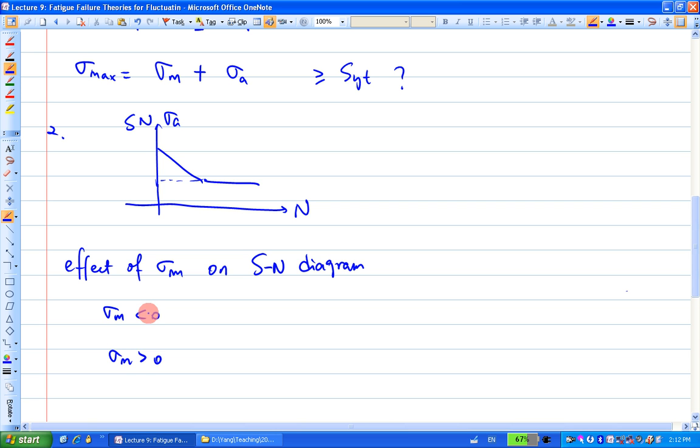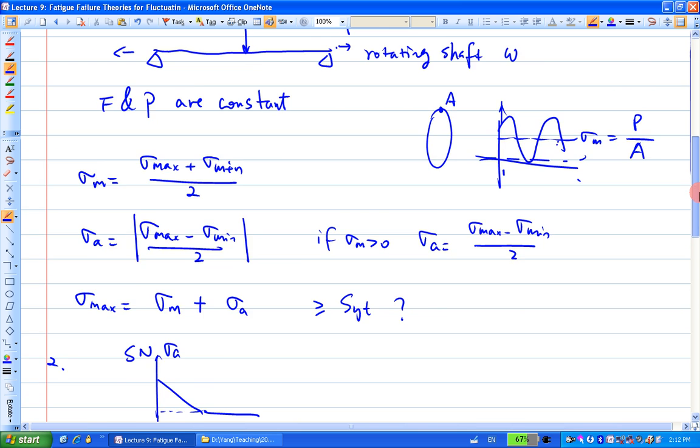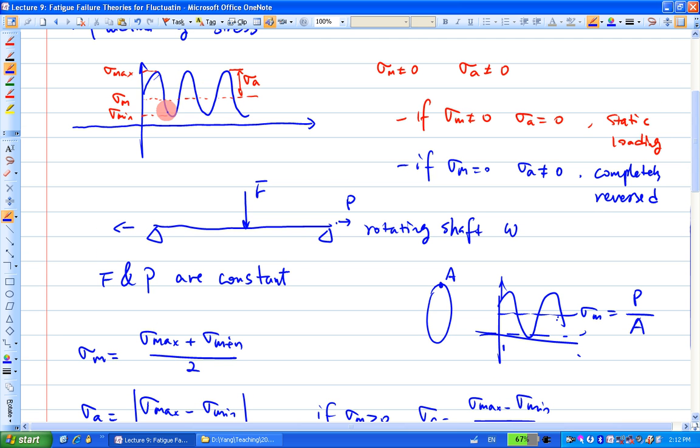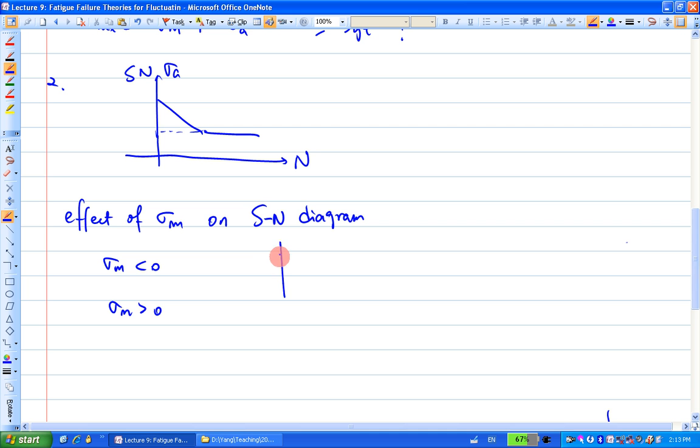If sigma m is less than 0, that basically means if I draw the curve, the mean value is going to be below here.